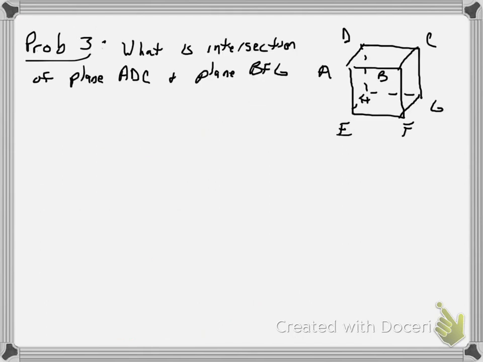Problem 3 is what is the intersection of plane ADC? ADC, we'll color it in up here, is the top plane. See if I can just color it in. And plane BFG. Let's do a different color.